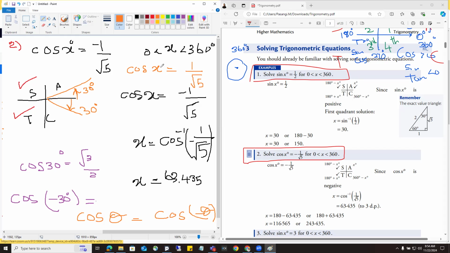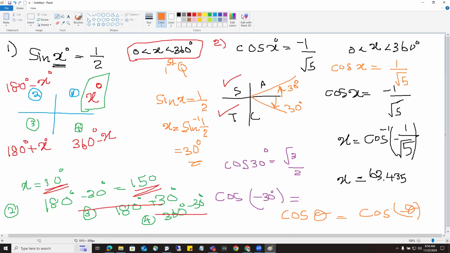First we can calculate the angle for the first quadrant, and then by using these relationships we can find the angle values for the second quadrant as well as the third quadrant. That's the method we normally use.